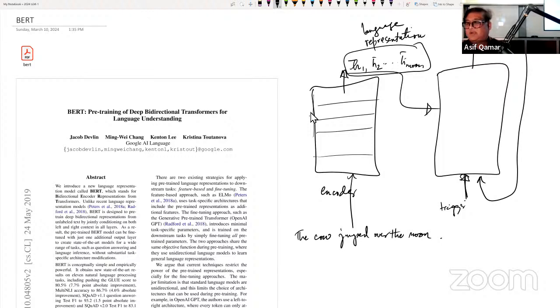Then the first word came out and got added to the input. Let's say that it's a translation task, so out came a Hindi word, and that would now go here to produce the next Hindi word.